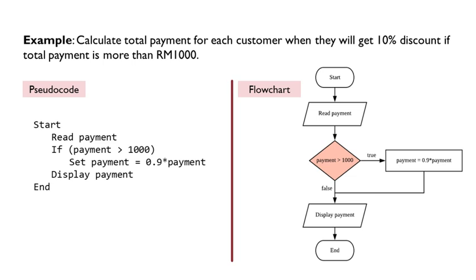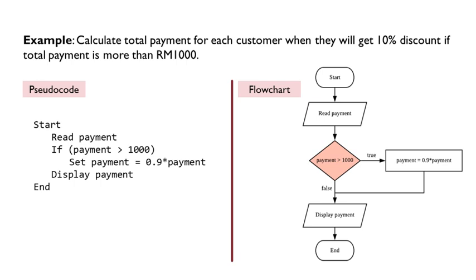So let me show the pseudocode first. As you can see, we start, and then the input is the payment. Then the process starts: if the payment is more than 1,000, we set the payment to 0.9 times payment. Why 0.9?